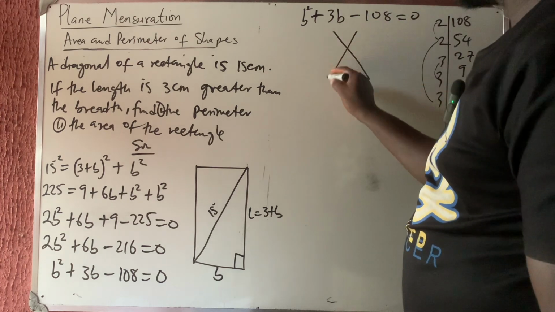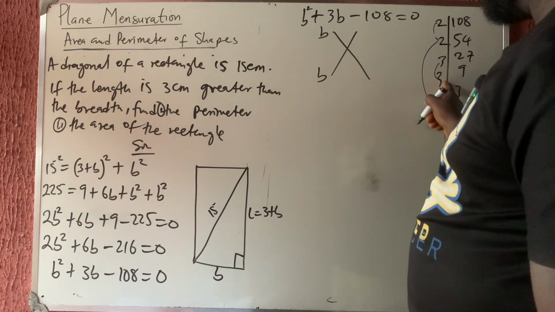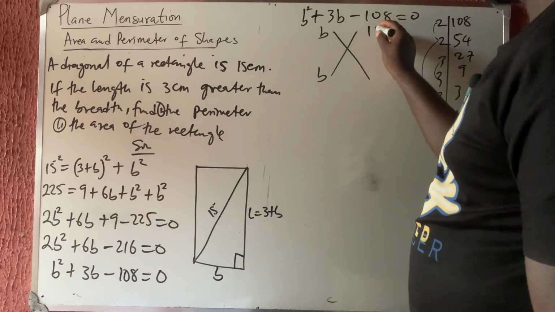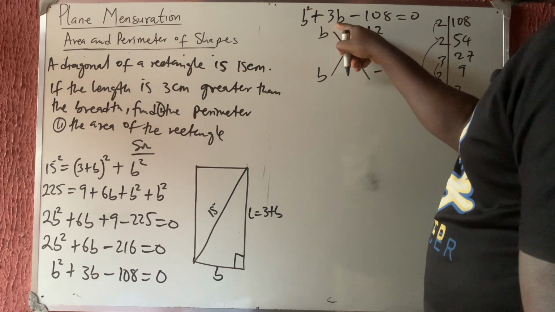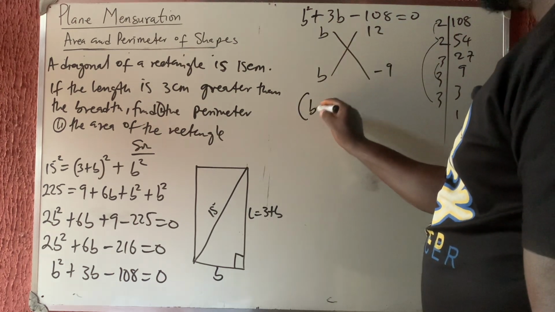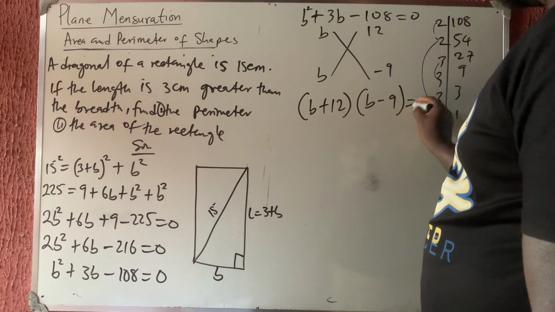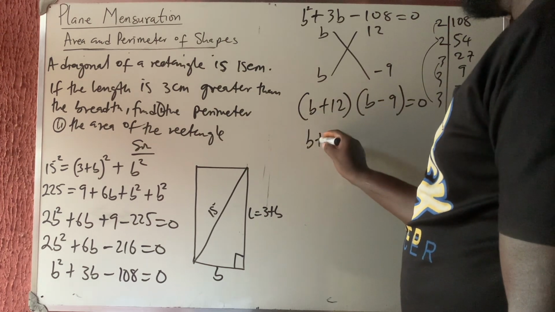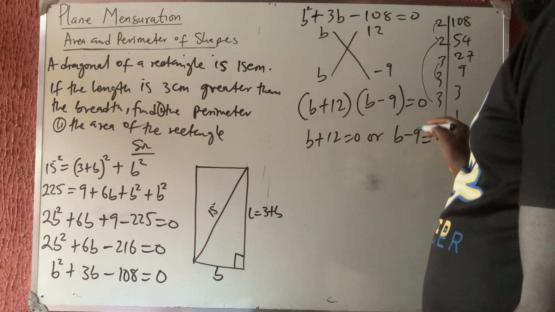So we're going to have b and b. Then we're having 9 and 12. So 12 and minus 9. So that this and this is giving me the 3b. So obviously I'm having b plus 12 and then b minus 9 is equal to 0. So I have that b plus 12 is equal to 0, or b minus 9 is equal to 0.